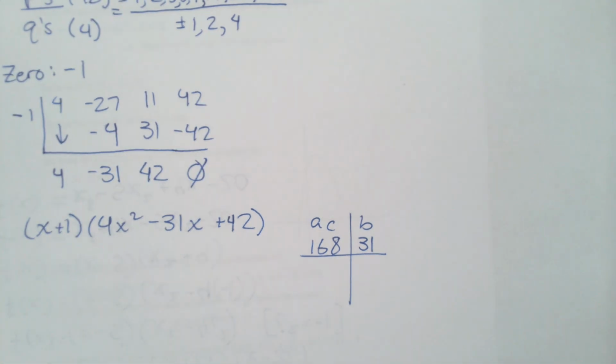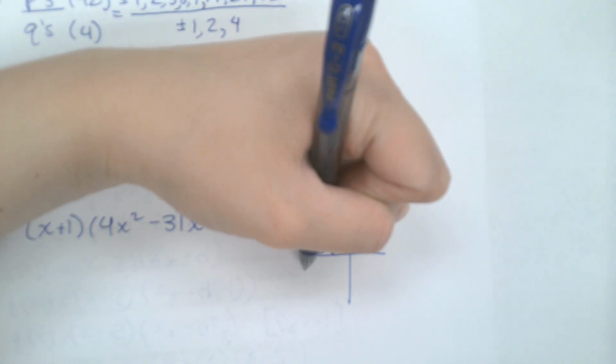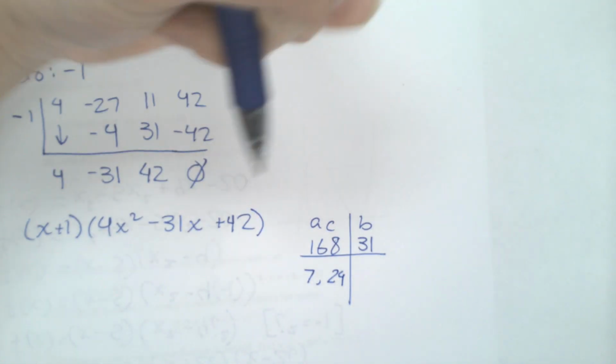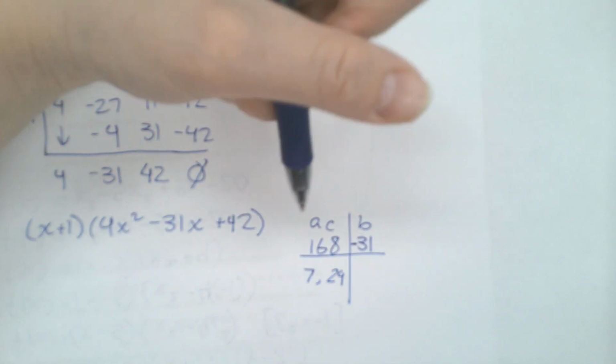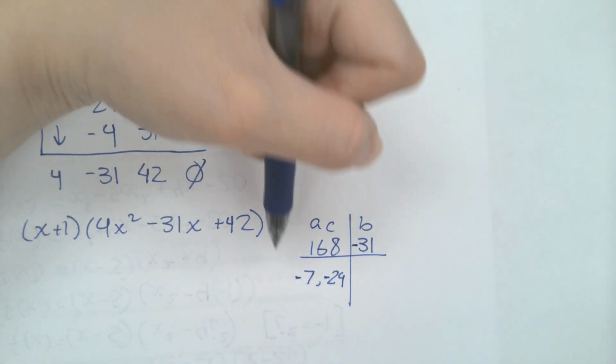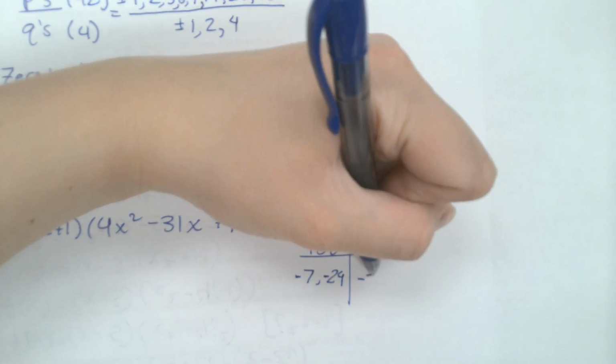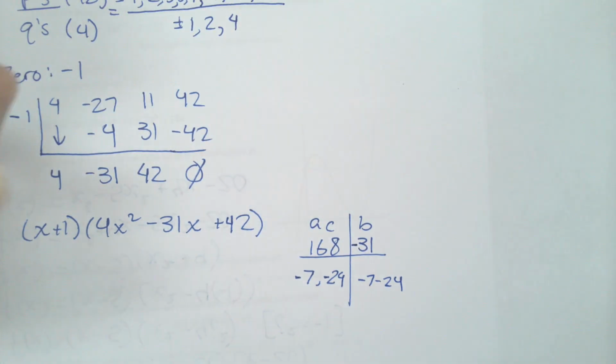Okay, so I found the factors. They are 7 and 24. And also take note this is supposed to be a negative 31. So since this is a negative 31, that means both 7 and 24 are negative. And then you can see negative 7 minus 24 does give you negative 31.